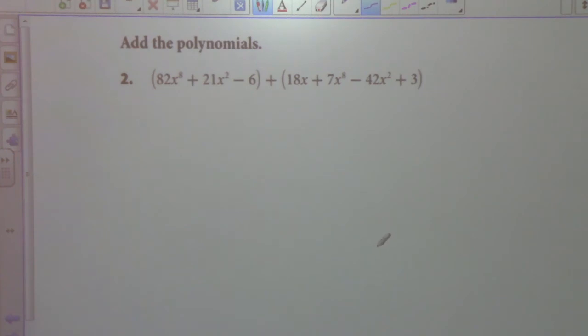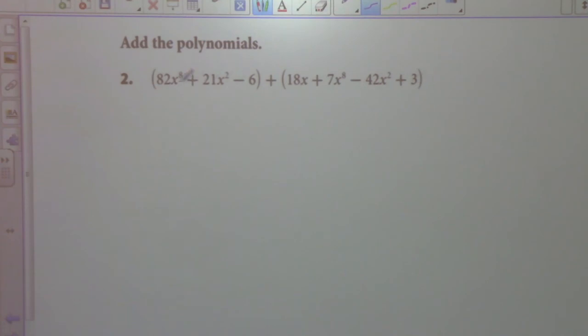Okay, Cheyenne the lefty, what do you have here? Basically add them in the 18x, or you can do 82x to the 8 plus 21x squared minus 6. So did you put them in columns? Like I showed the example, put them in columns. So where do you want me to make the columns?